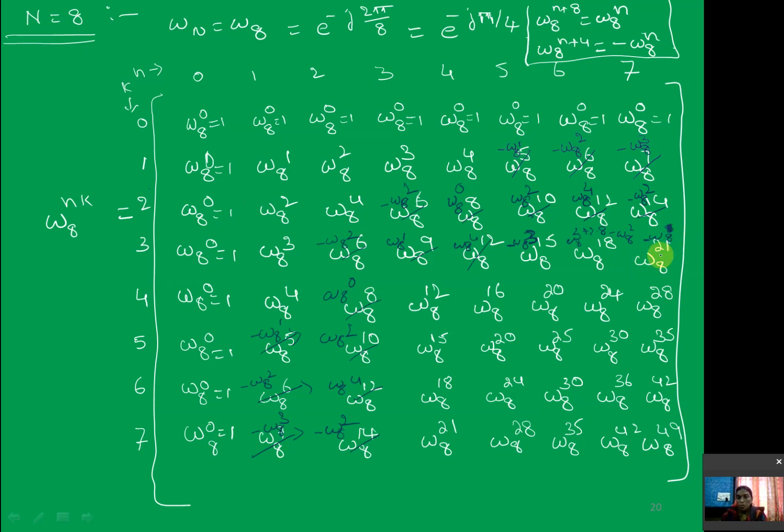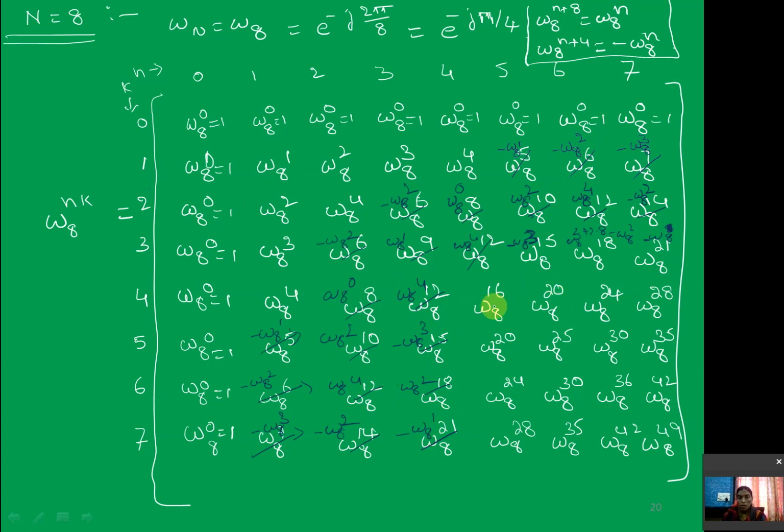I repeat, W8 power 21 is nothing but W8 power 5 plus 16, and W8 power 5 is nothing but minus W8 power 1. So now, immediately finish the column: W8 power 4, minus W8 power 3, W8 power 2, minus W8 power 1.